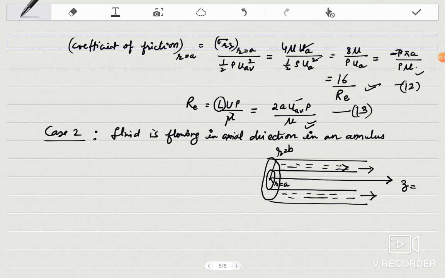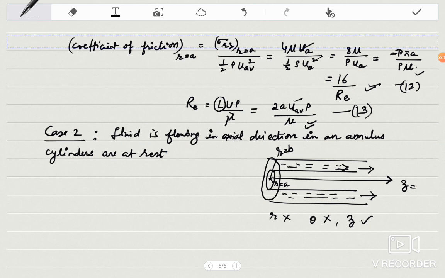Again there is no flow in the direction of r, no flow in the direction of theta, rather there is flow only in the direction of z. Because your cylinders are at rest, all other physics is same as I have considered in case 1. The only difference is that in this case you have two concentric cylinders. So cylinders are at rest.